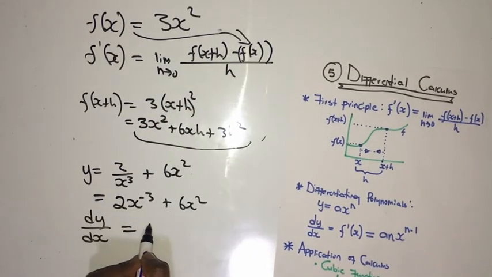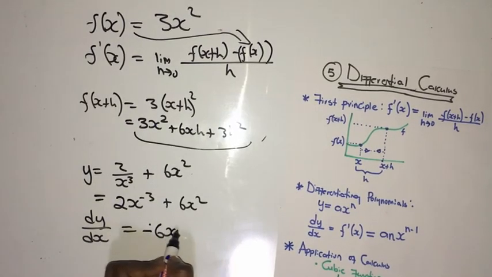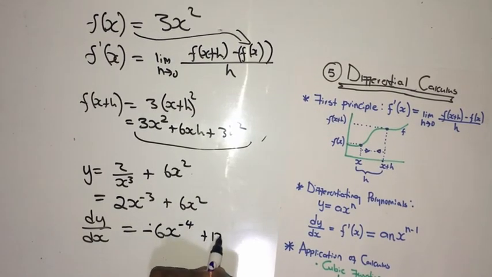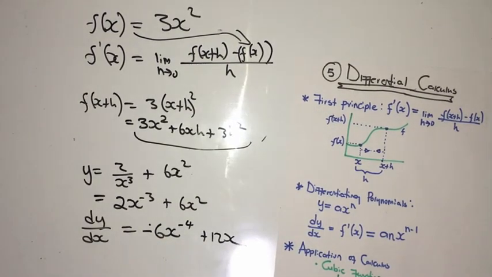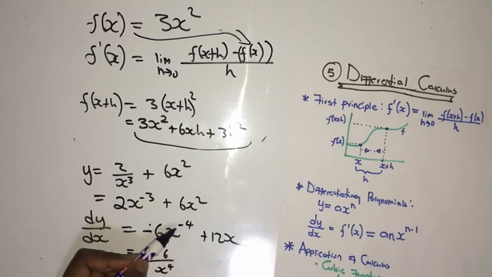So you're left with minus 6x to the power minus 4, and then this is simply plus 12x. Sometimes they require you to leave your answer in positive exponents. Then this will simply be minus 6 over x to the 4. I just took the x to the denominator because it's minus 4 there.